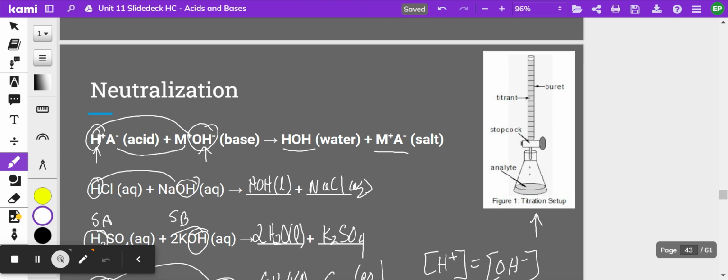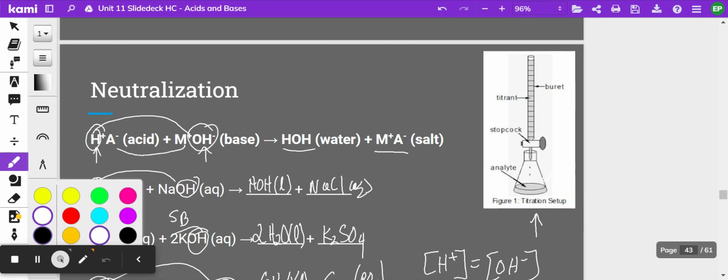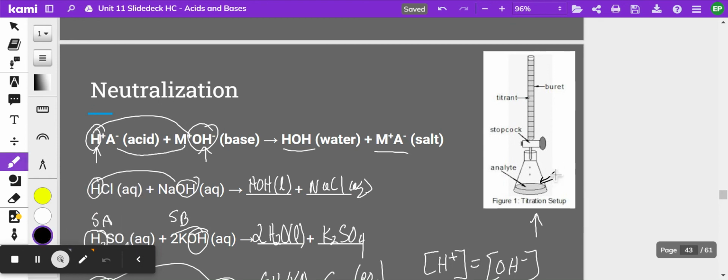The basic idea of a titration is we will try to analyze an unknown concentration, say, for instance, an unknown acid. That unknown acid would be placed into our Erlenmeyer flask. Because we're attempting to figure out the unknown molarity of that acid, what we're titrating we call the analyte because we're analyzing it.